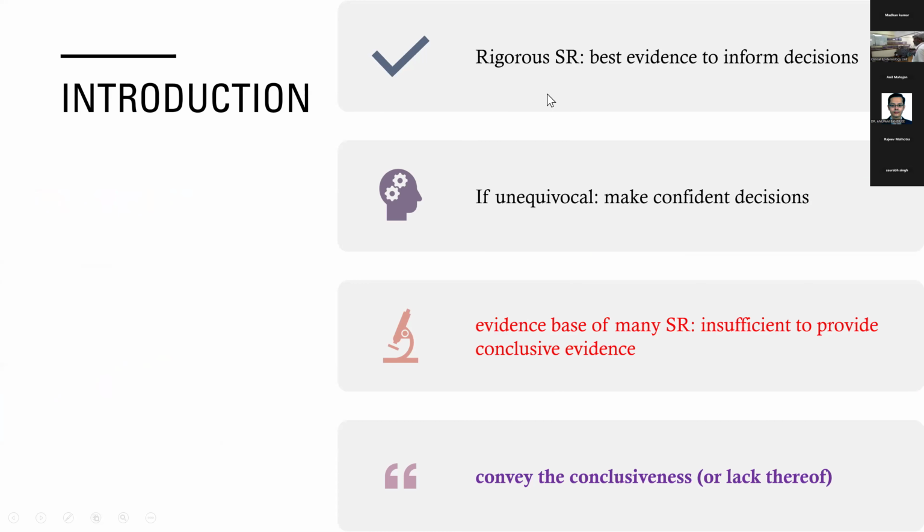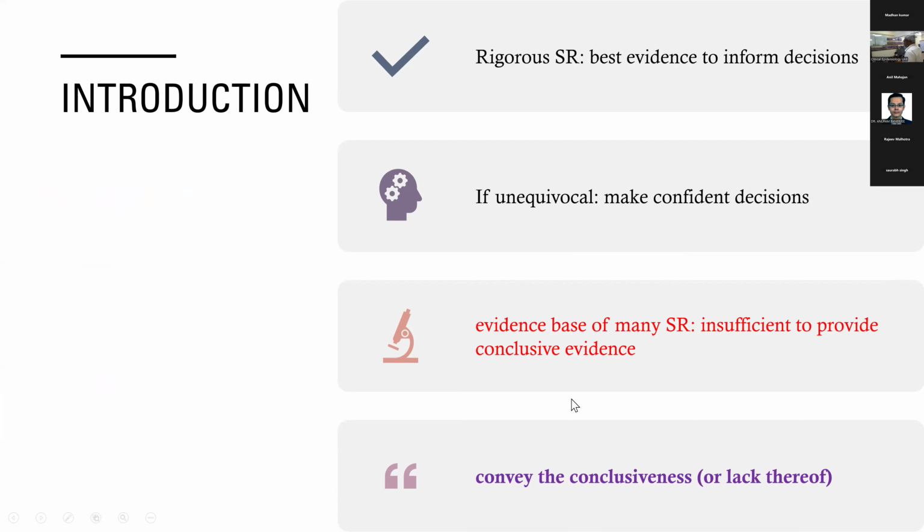So, we often think that systematic review is the best evidence to make decisions. If the systematic review is unequivocal, we can make decisions, meaning it is definitely showing something is either good, bad or doesn't work, that is unequivocal, we can make confident decisions.